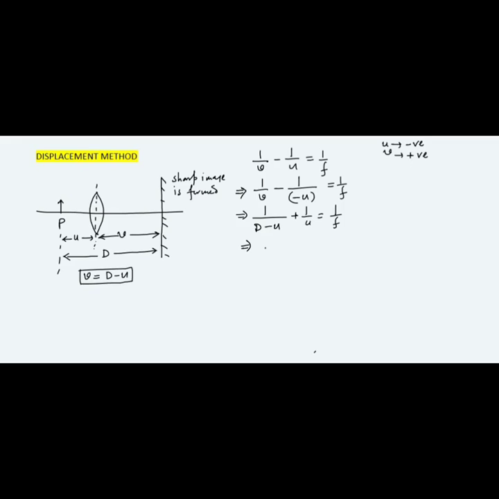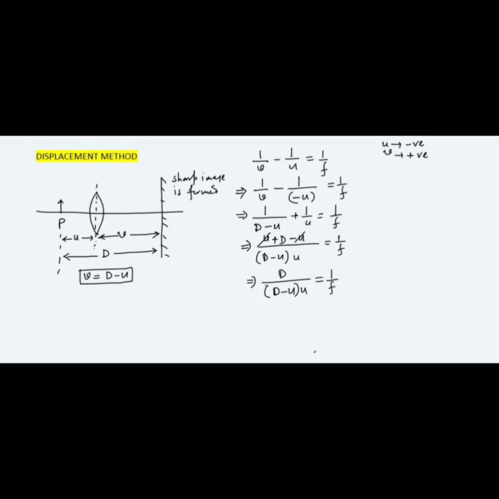Adding, we get D by (D minus u) into u is equal to 1 by f.